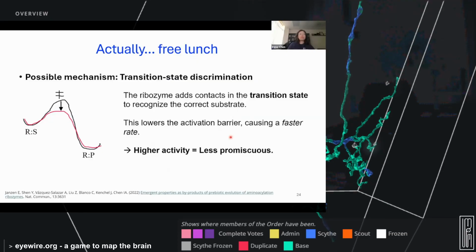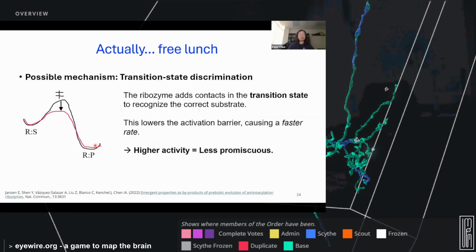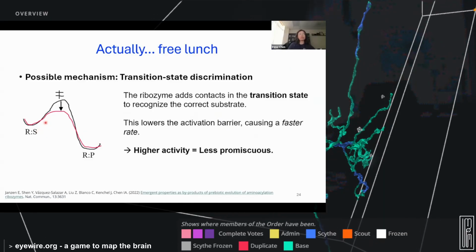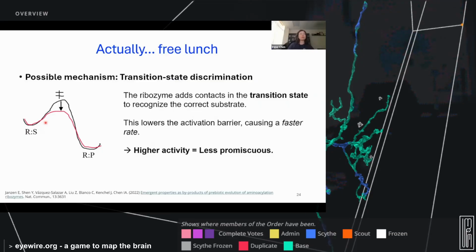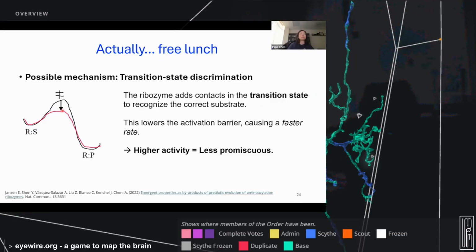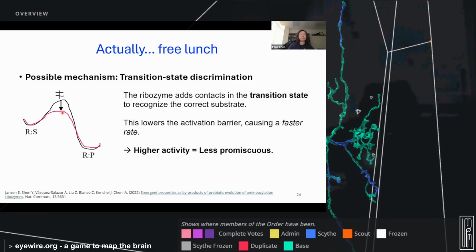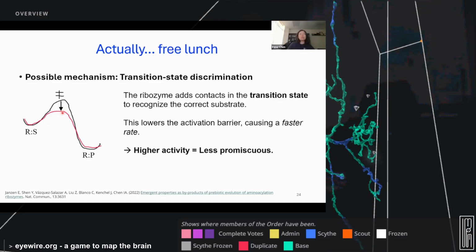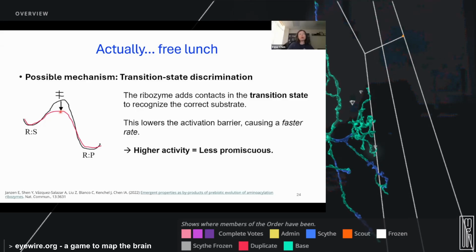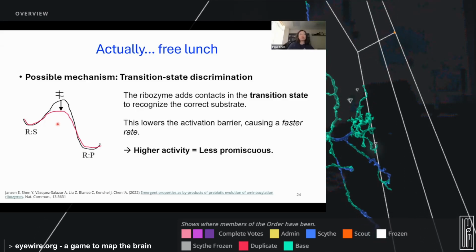So digging around a little bit, it turns out that the other way to think about gaining specificity, in two extremes, is that you could either increase contacts in the ground state, or you could increase contacts in the transition state. And if you increase contacts in the transition state, then you increase specificity, but you also lower the activation barrier.